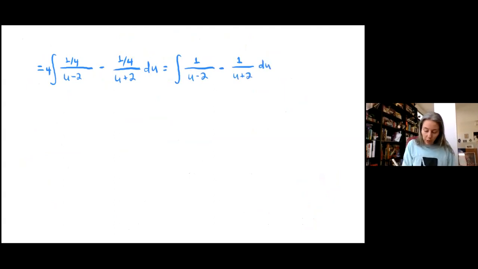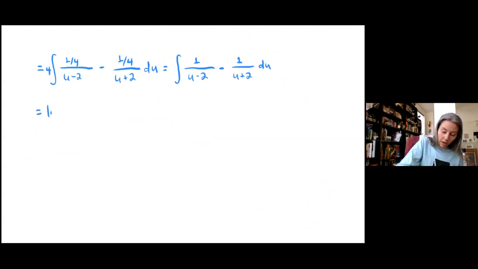An important thing to notice here is that those fractional constants that I got, I didn't put the 4 in the denominator. I left it as 1/4 in the numerator both times. That helps me to more easily see that that 4 could be distributed. All right, now both of these are known forms, so we're pretty much done.